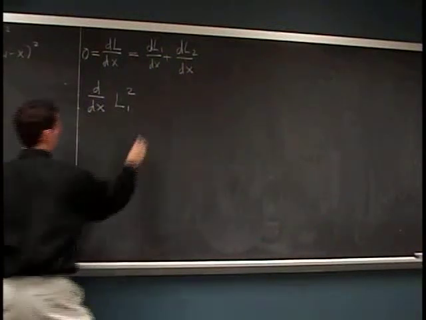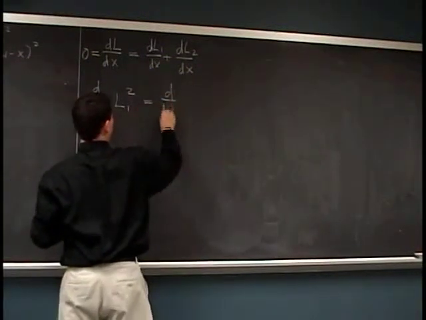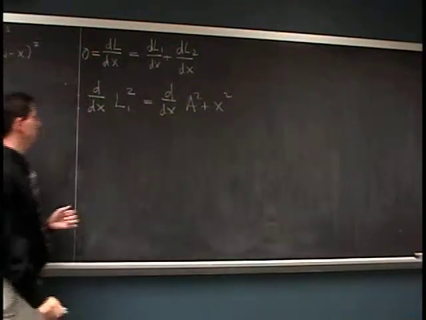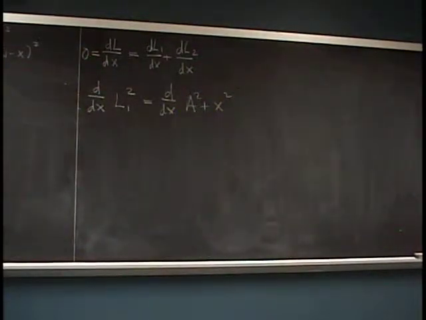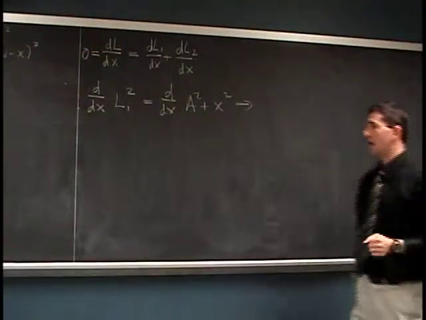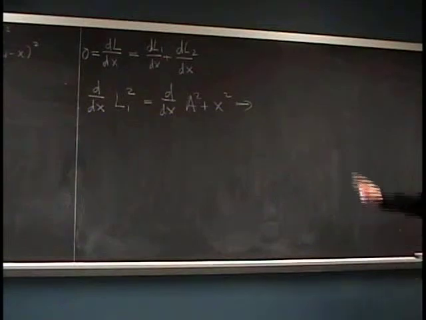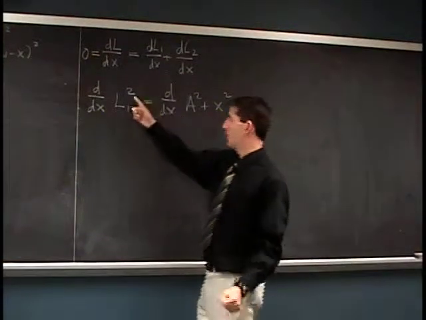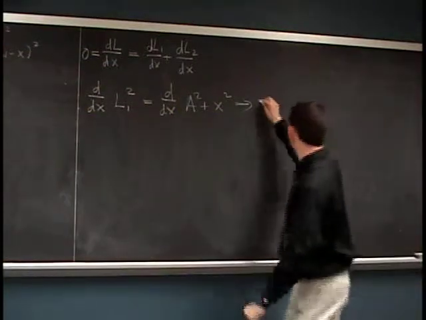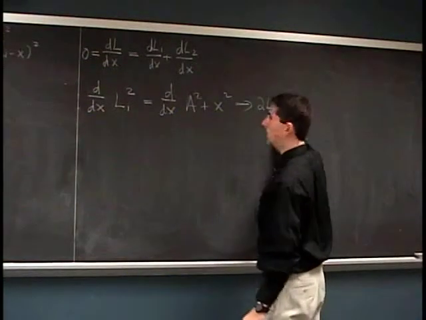So the derivative of L1 squared is the derivative of a squared plus x squared. What's the derivative of L1 squared? 2L1.